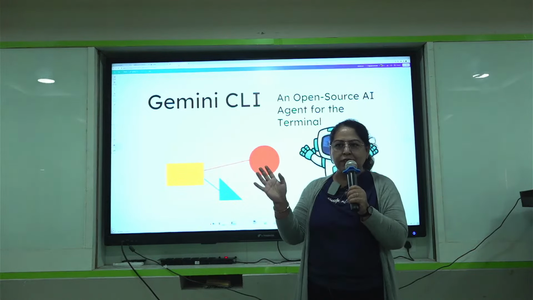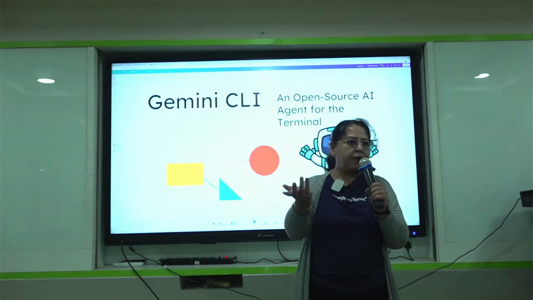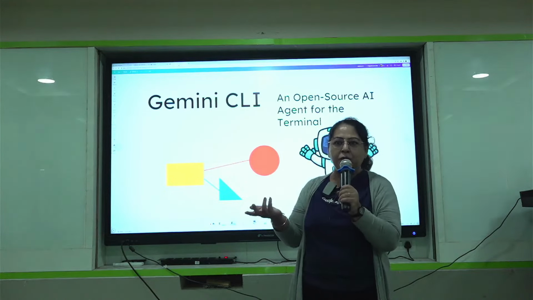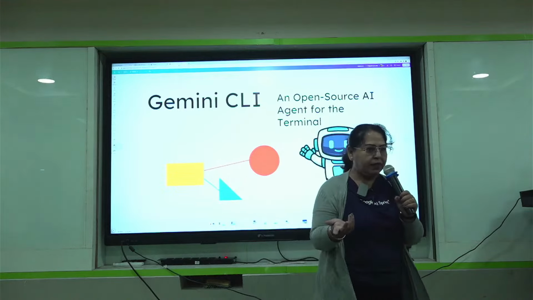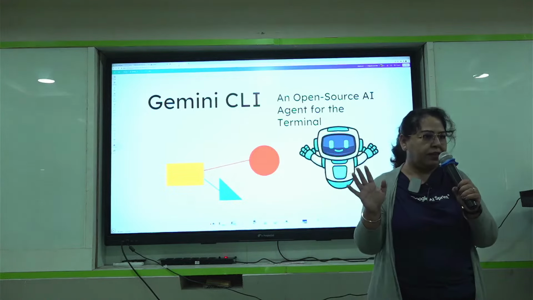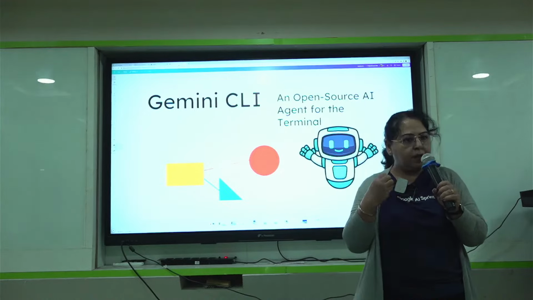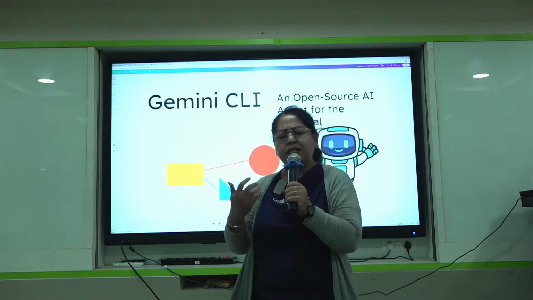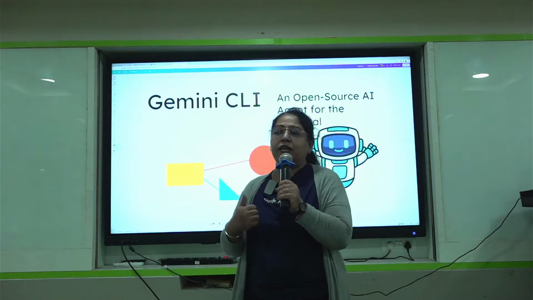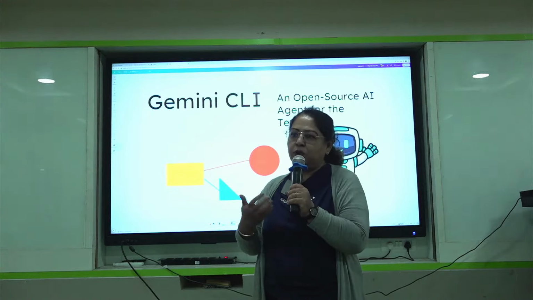Am I right? You have already used Gemini Bard? Many people are using Nano Banana, Gemini, Bard, ChatGPT, everything, and you are getting answers from there. Gemini is also an LLM provided by Google, which just generates responses and answers according to your question.